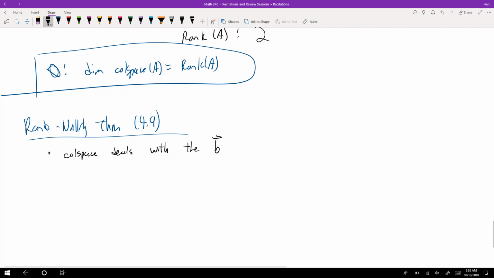And so since the column space deals with the b's, what is the column space a subspace of? In terms of this m by n setup.